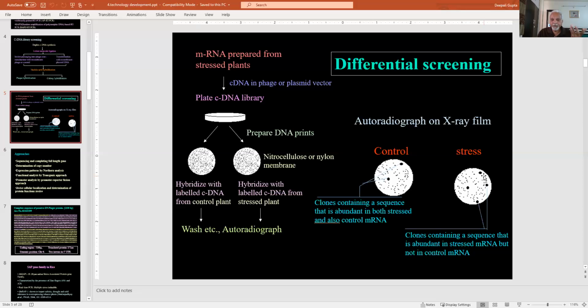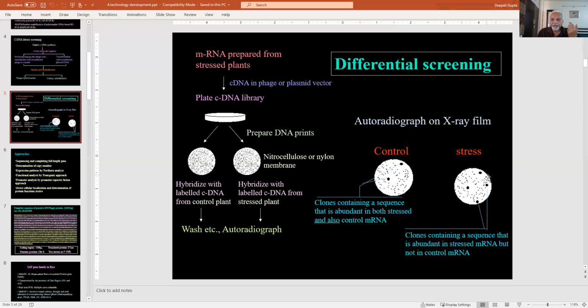And like that, there will be hundreds of such common plaques which will be hybridizing in both the conditions. But then you will see that some of them are only hybridizing here, and these are the unique representatives of genes which are expressing only under stress conditions and not under control conditions.